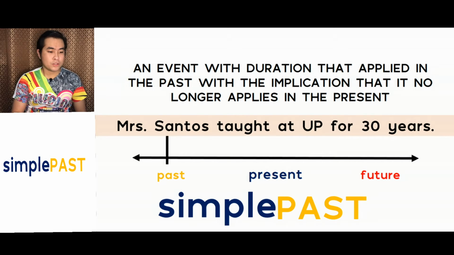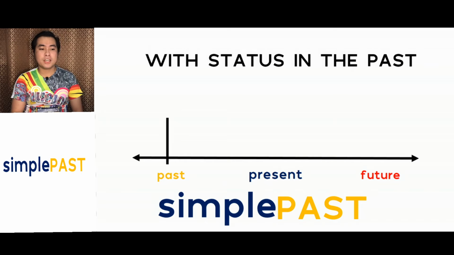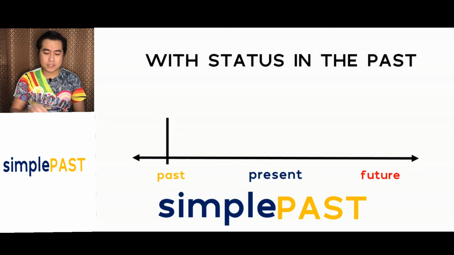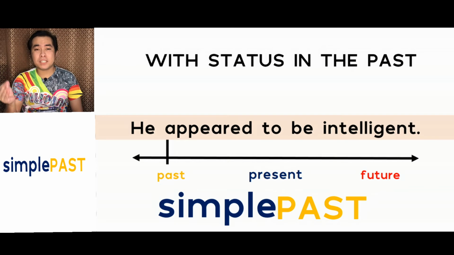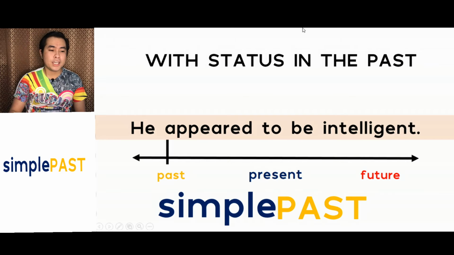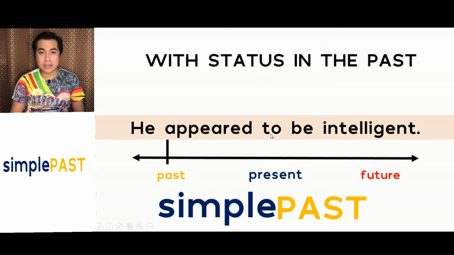Okay, the next one is status in the past. For example, he appeared to be intelligent. Here the status is in the past.